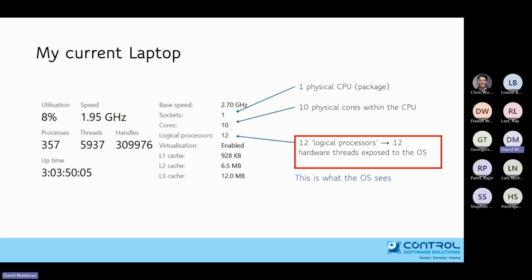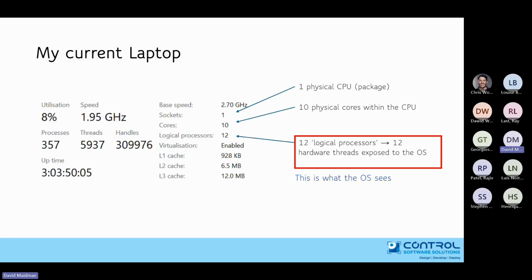So just looking at my current laptop that I'm presenting off today, this is just from the Windows About screen. Sockets: one socket, that's one physical CPU package. We then have 10 cores. These are physical cores within that single CPU.